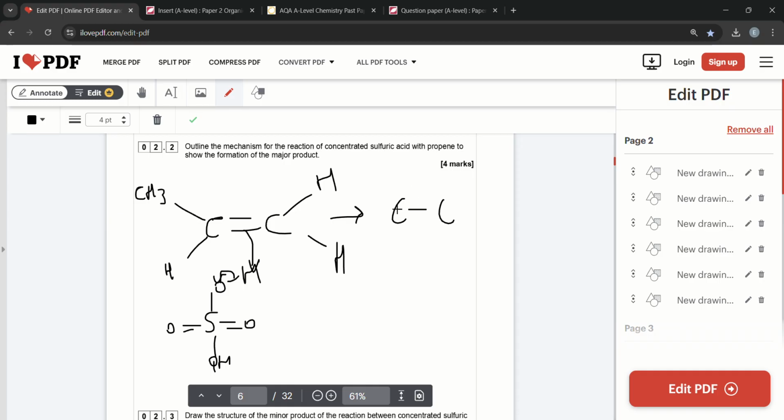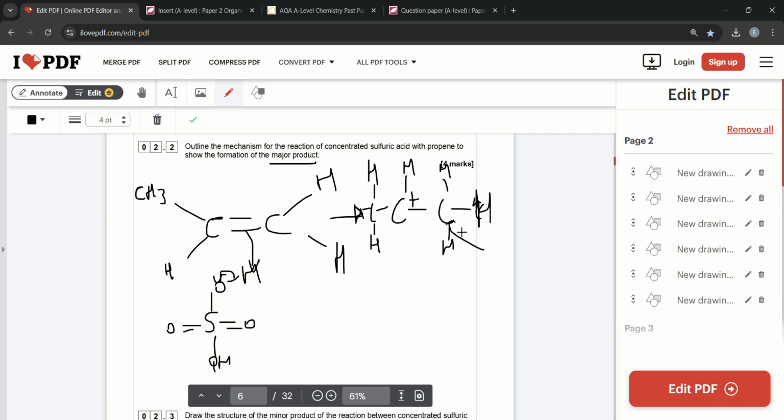You've got obviously your CH3 group here, you've got your H, and you've got a H here, and a H here, and this second carbon is positive because we want to form the major product.